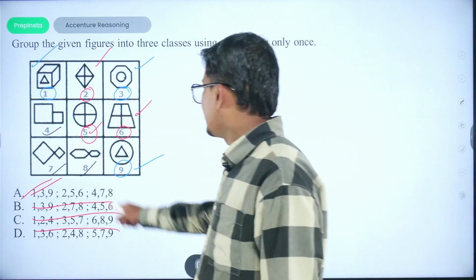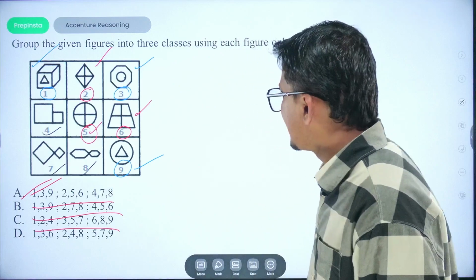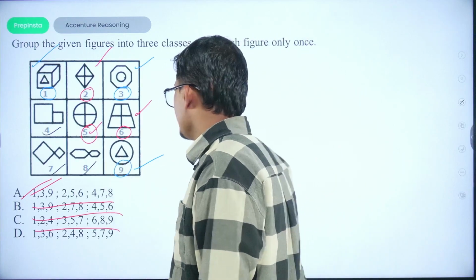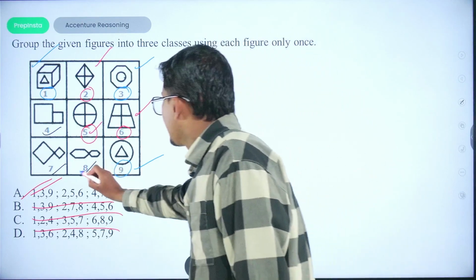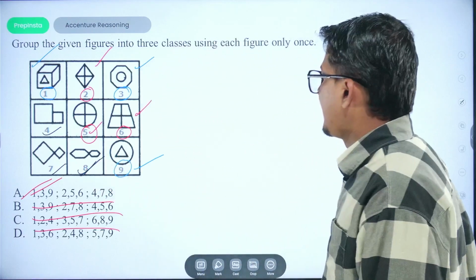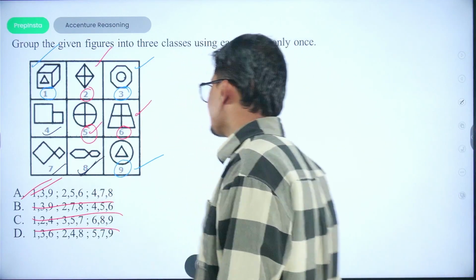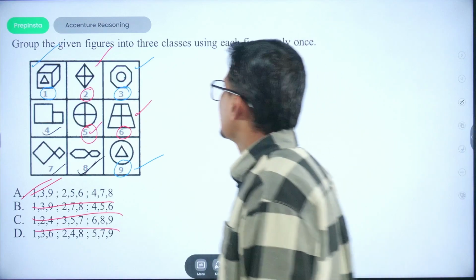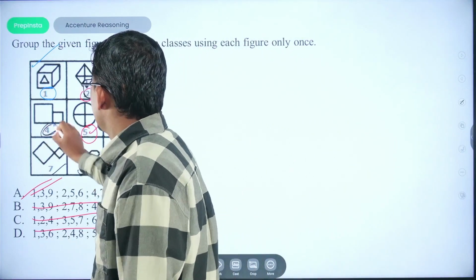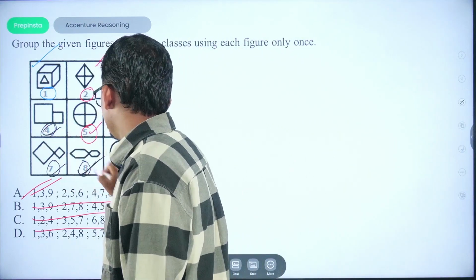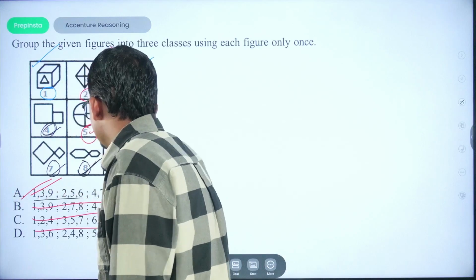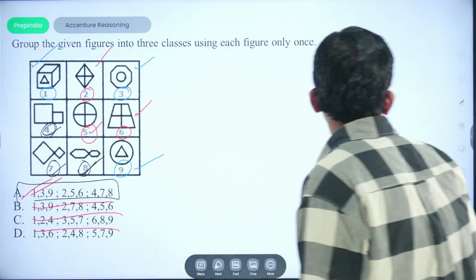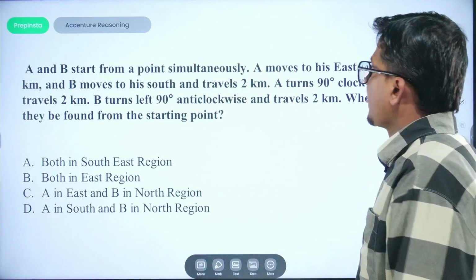Then we have a pentagon here. Okay, no, pentagon not there. There are 6 sides, no? So we have this figure which is aligned with another figure. So we have another sequence, that is 4, 7 and 8. So we can confidently say that option A would be the right answer.